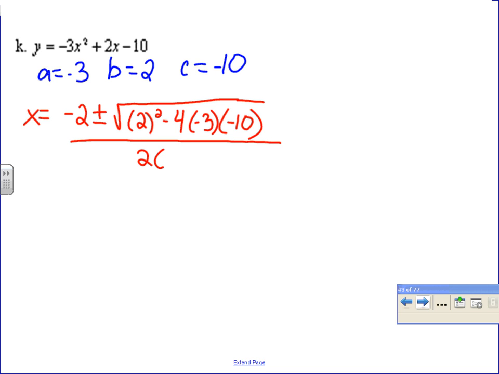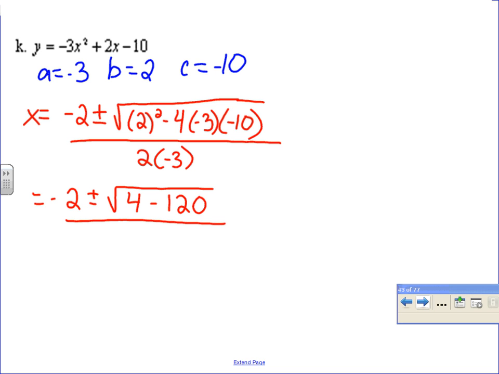Now careful here. Negative 4 times negative 3 is 12. 12 times negative 10 is negative 120. So you have 4 minus 120 all over 2 times negative 3, which is negative 6. Equals negative 2 plus or minus the square root of 4 minus 120, which is negative 116, all over negative 6.